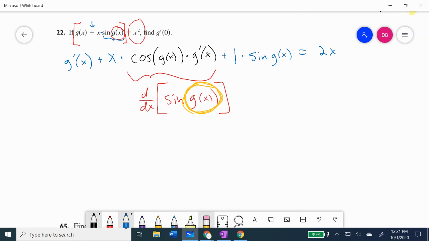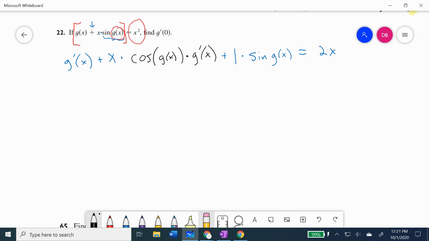Now, I'm going to erase saying that I need to take the derivative. And what I'm going to do is realize I have an equation, and I'm going to plug 0 into every single x that I see.